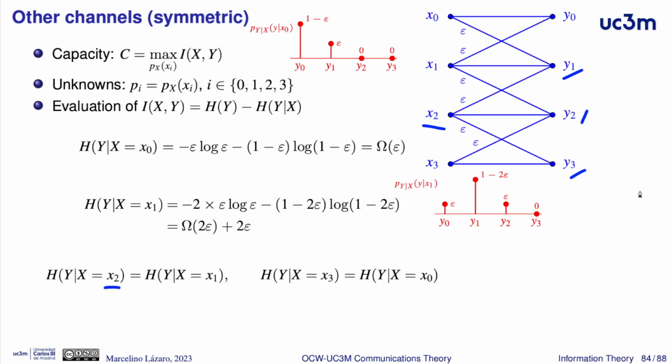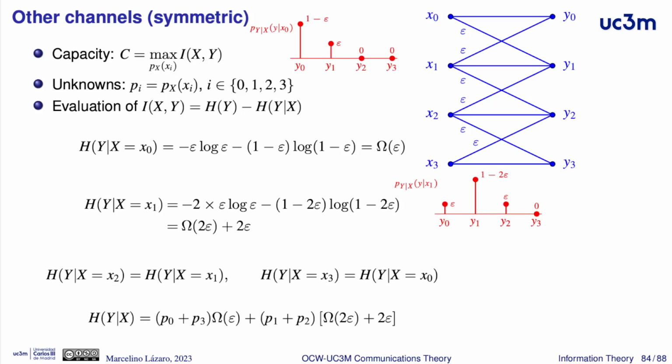But the entropy is the same as the entropy of y when x was equal to x1. And something similar happens for x3, because when we transmit x3, we have two possible symbols in the output, y2 and y3. One of them has probability epsilon, the other one has probability 1 minus epsilon, similarly to the situation with x0, and the entropy is the same.